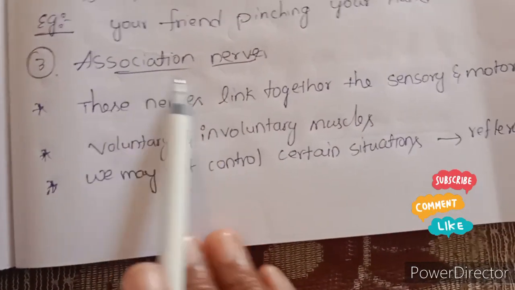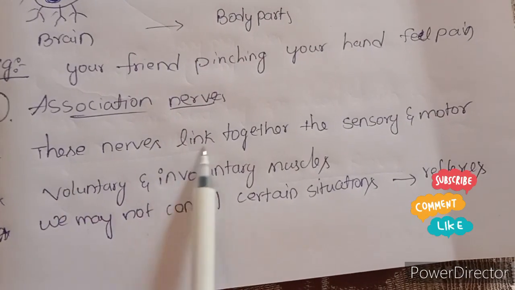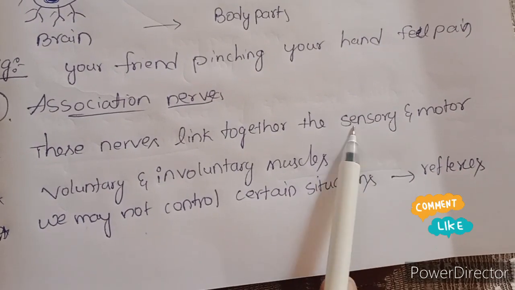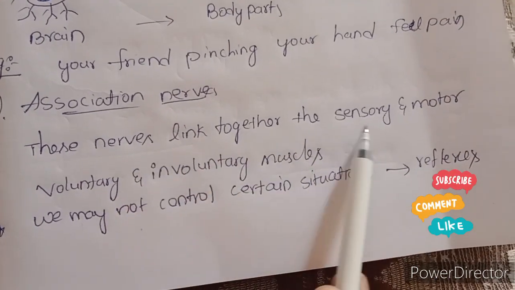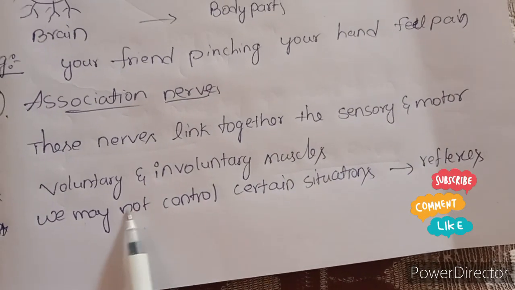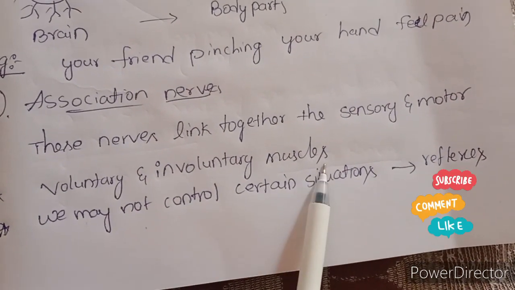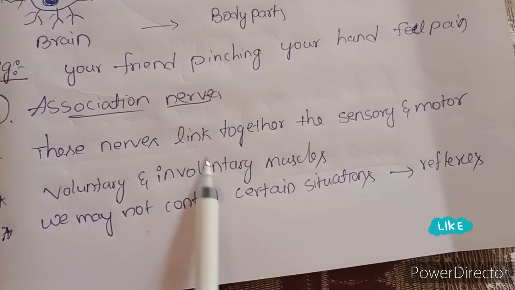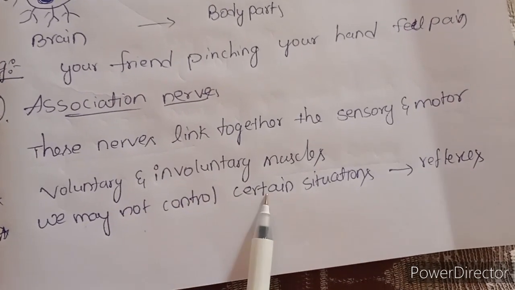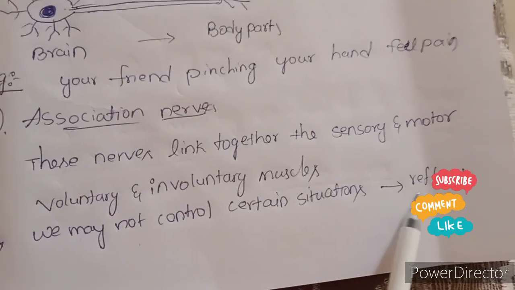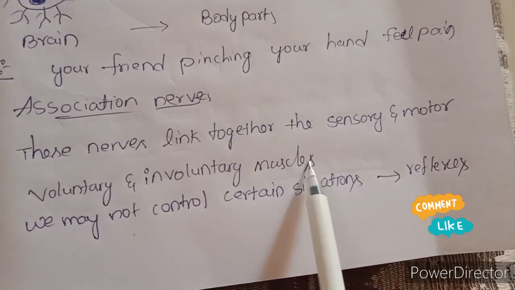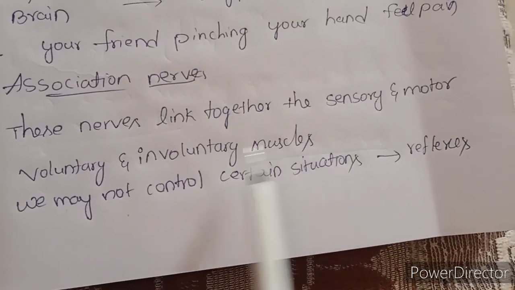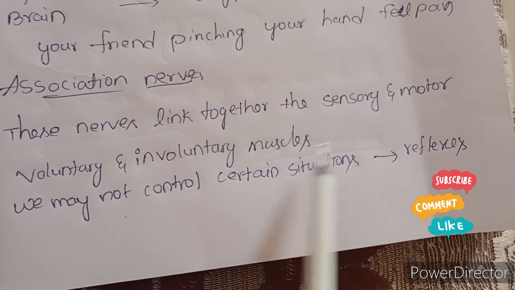The third one is association nerves. These association nerves link sensory and motor nerves together. They contain voluntary and involuntary muscles. Sometimes we are not in control in certain situations, which is called reflexes. We already studied voluntary and involuntary muscles in ninth class also.